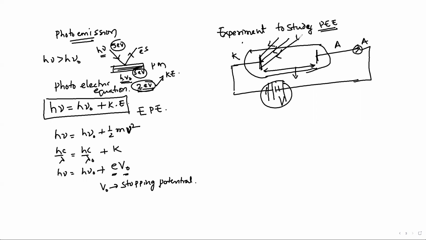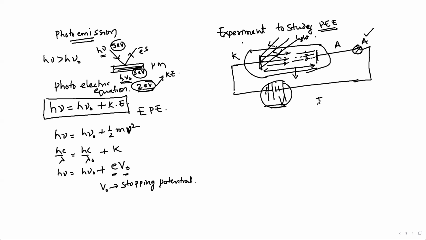The circuit is not completed. When you apply the potential, you won't get the current. But when light is incident, the current will appear. That means when light is incident on it, the electrons will be emitted. These electrons are attracted by the anode. The circuit will complete and the current will appear.